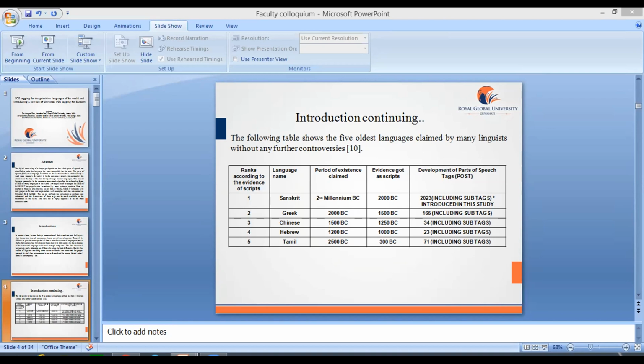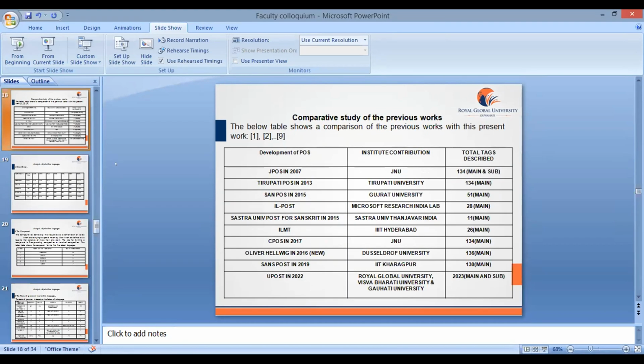Hello, Anupam, your slides are still not changing. I have seen only a single slide of your presentation. I think this is fine. It's fine, but I think you have to change it yourself.